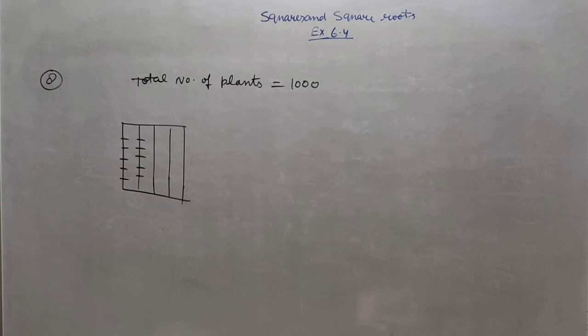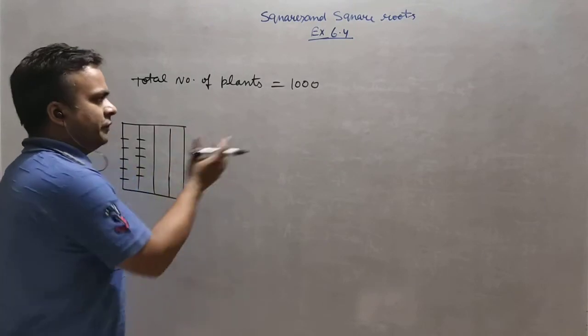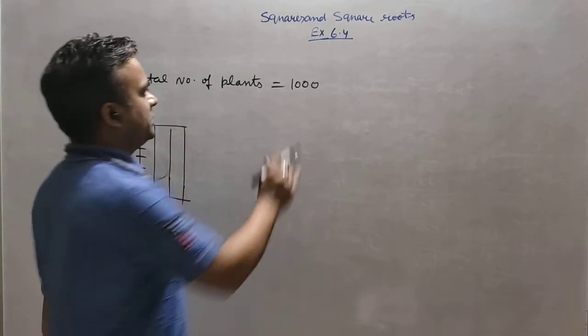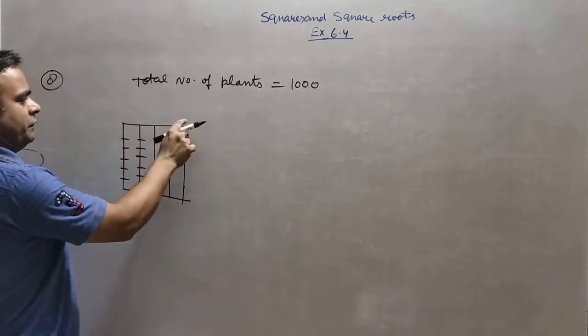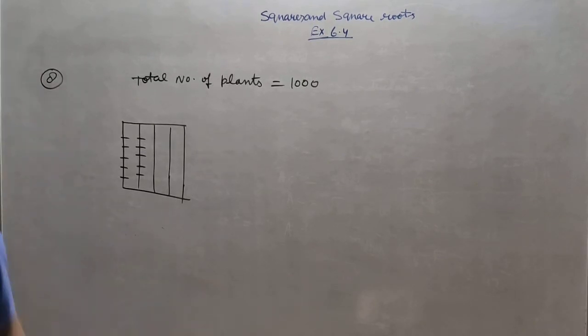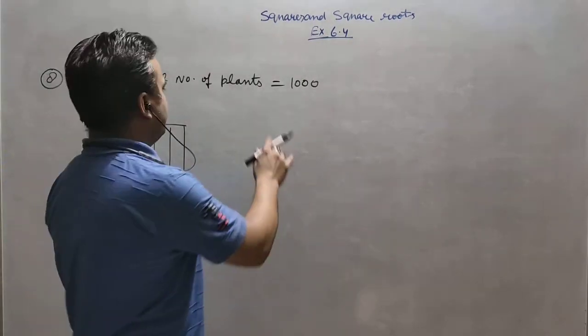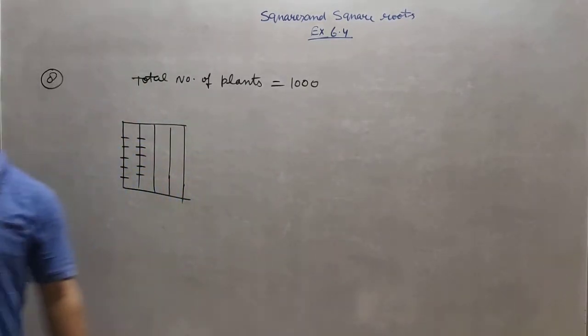So what I will do here, we have to check, if I put the 1000 plants in such a way, then it should make a square obviously, because if it is a perfect square, and this condition is also telling us number of rows and number of plants are equal, it means they are forming a square, right? So we have to check if they are forming a square. So 1000 is responsible to make a square or not.